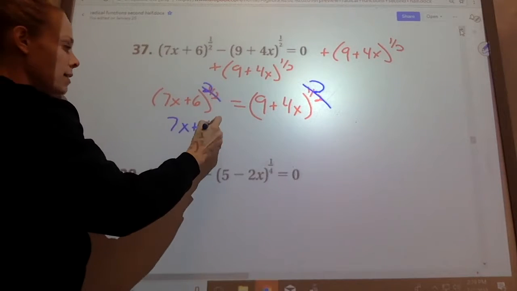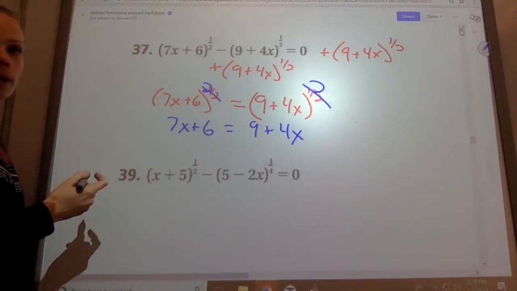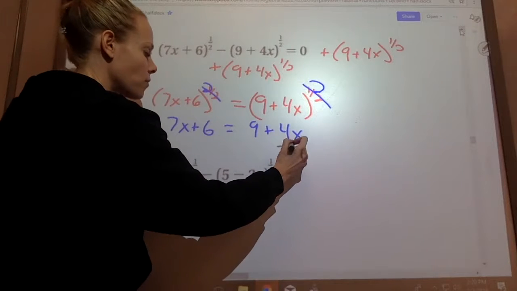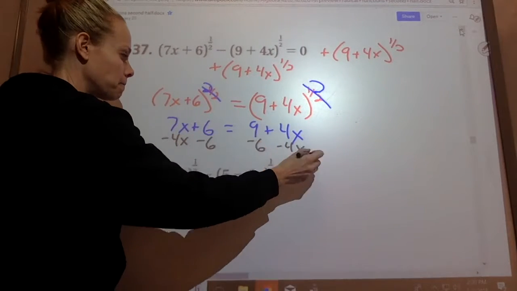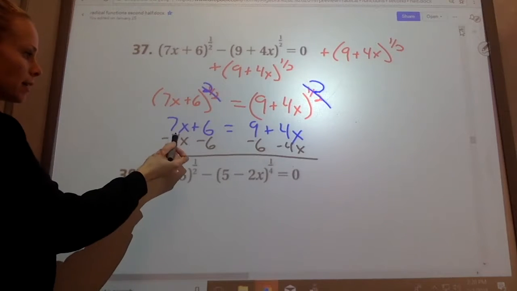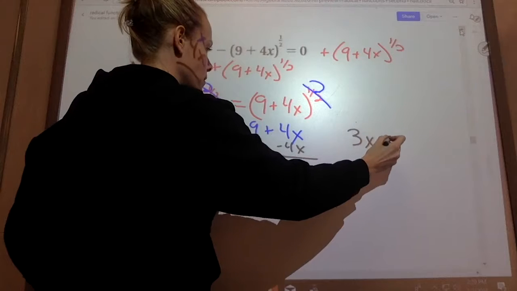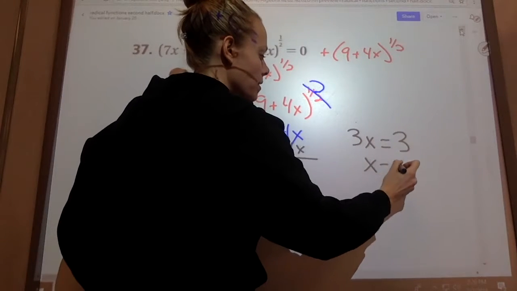So I get linear. Combine my x's, combine my constants. So I would subtract 4x, subtract 6, and I get 7 minus 4 is 3x. 9 minus 6 is 3. So I get x equals 1.